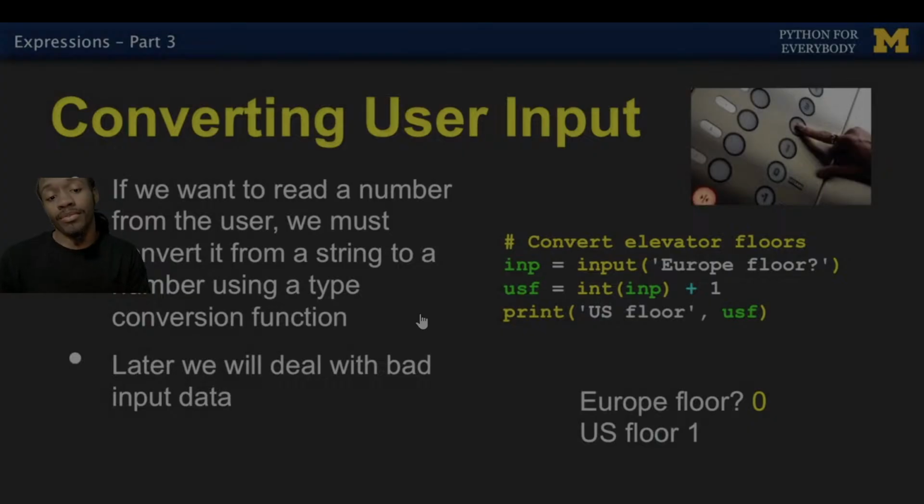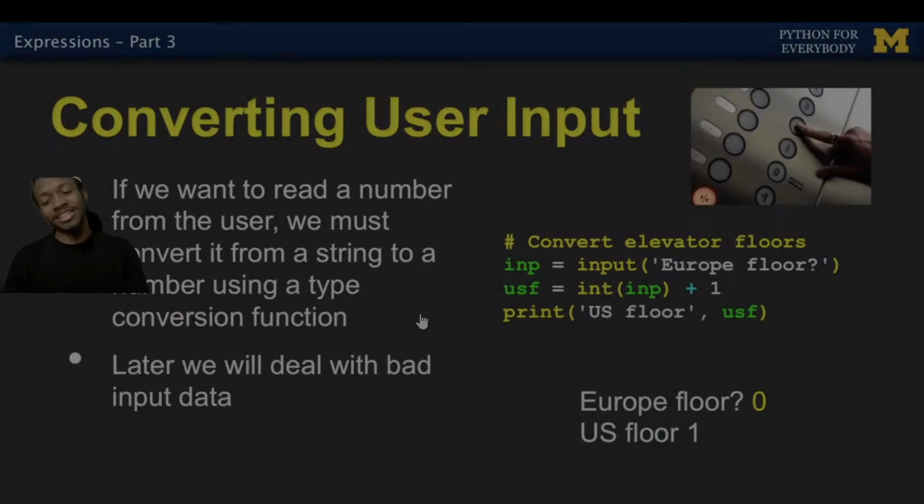Next thing, USF. Input, processing. It's going to be an integer of inp plus 1, and it's that way because that's the way it is. Typically in Europe, they have a zero floor and we have a ground floor because Europeans are weird.